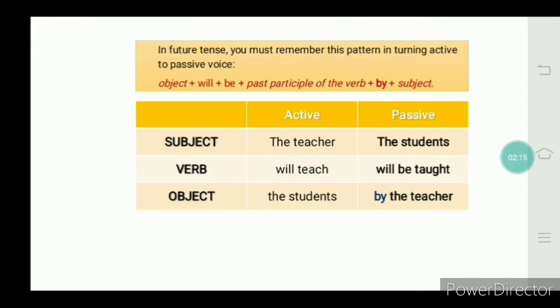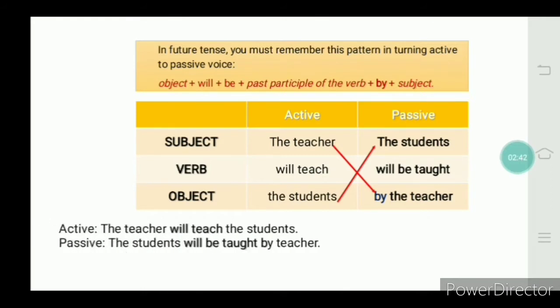We will know that it is in the future tense because of the word will. Now, our subject, the teacher, will again become our object in the passive voice. And then our object will become our subject, which is the students. Our sentence will become the students will be taught by the teacher.